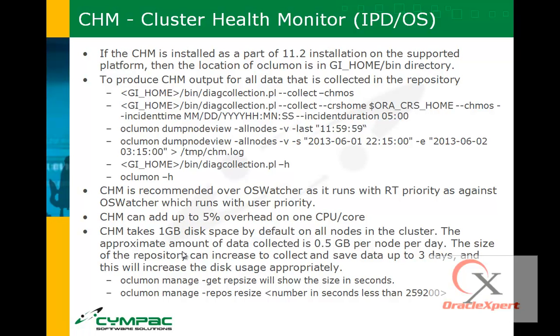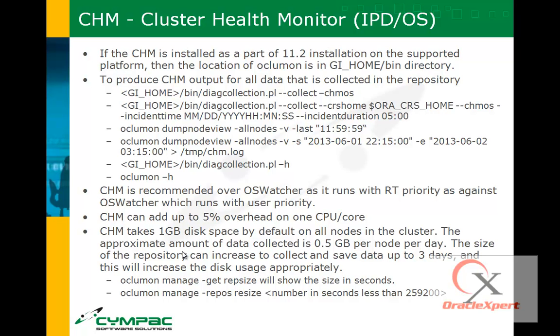To produce the output of all the data that is collected by your cluster health monitor, you can run the command grid home bin diagcollection.pl --collect --chmos. That CHM is nothing but cluster health monitor, OS for OS. Now assume how frequently it is collecting the statistics: at an interval of 1 second.